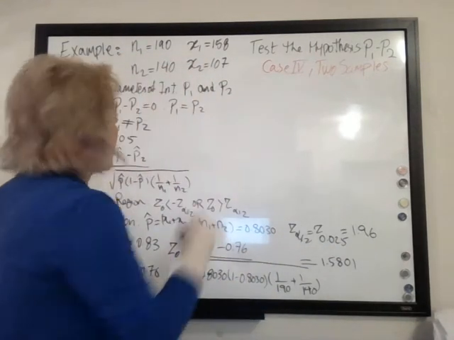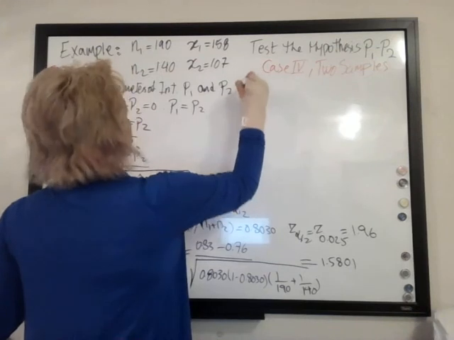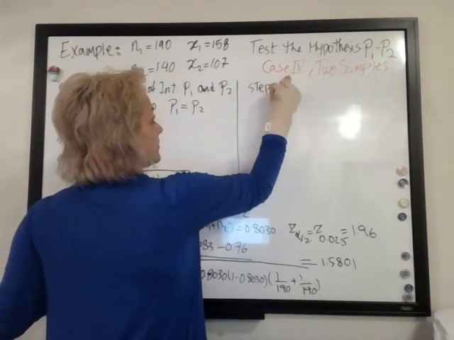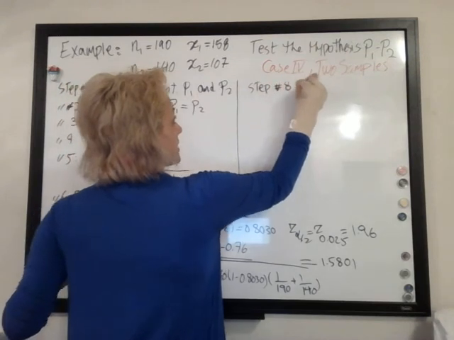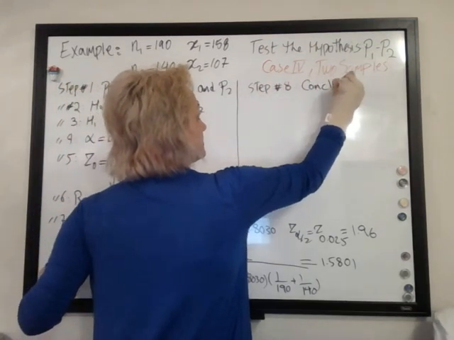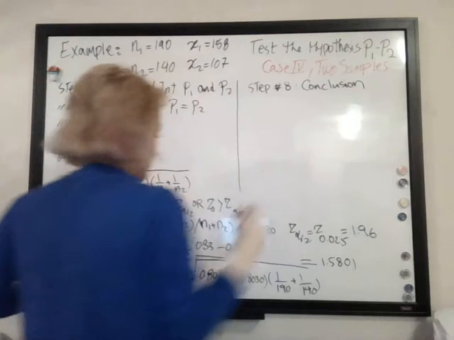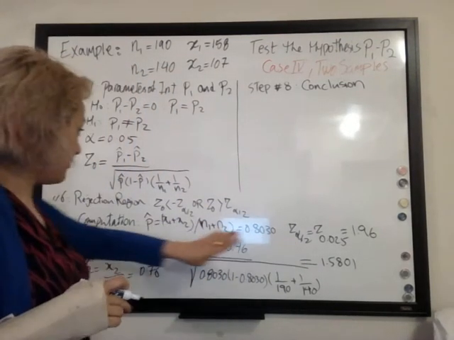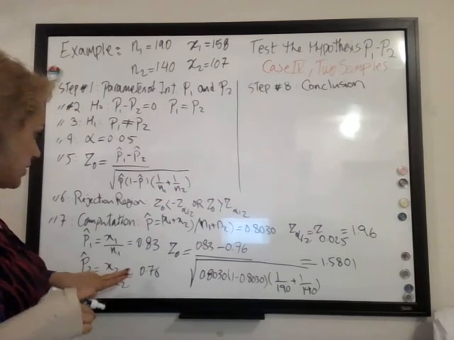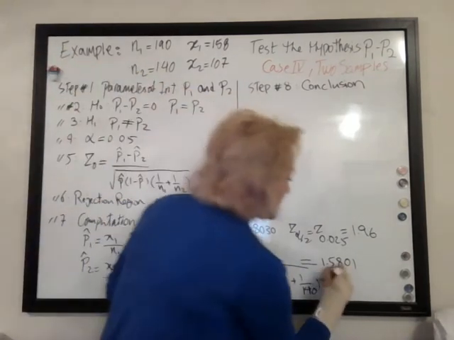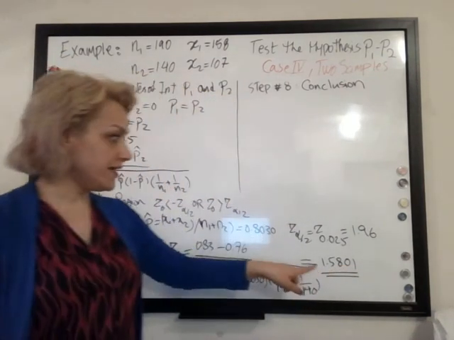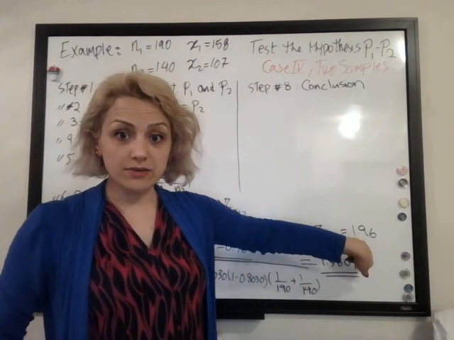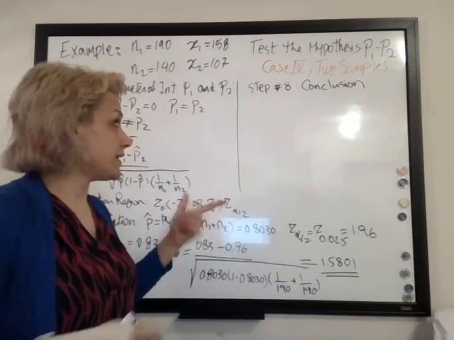Then step number 8 is the conclusion. What we need to do is compare our Z at half of alpha with Z observed. So Z observed is 1.58. It's less than 1.96, right? And it's greater than minus 1.96.